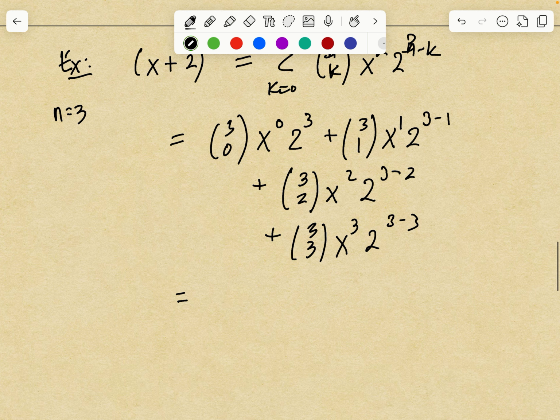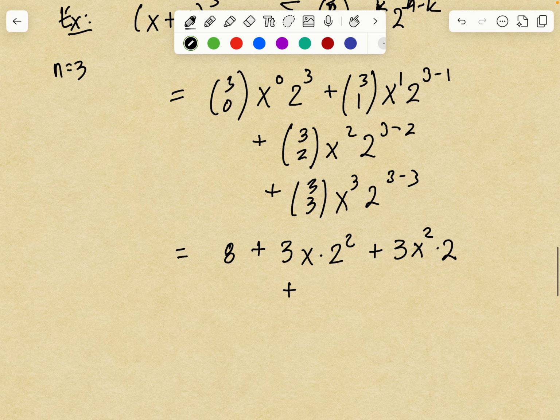And when you calculate these out, you get 1 times 8. And then plus 3 choose 1 is 3, and then I have an x times 2 squared. And then I get a 3 choose 2, which is 3, x squared times 2 to the first power, and then plus 3 choose 3 is 1.